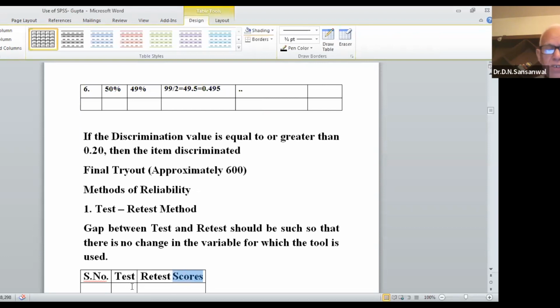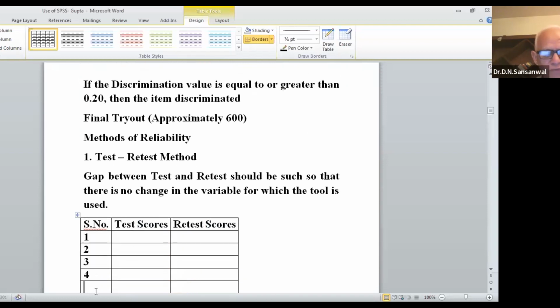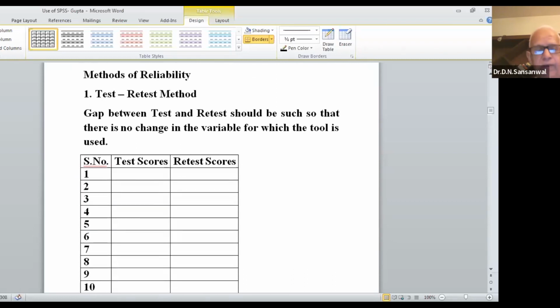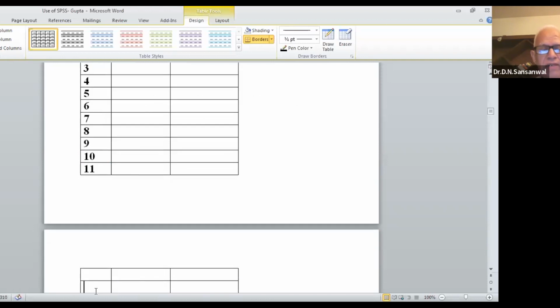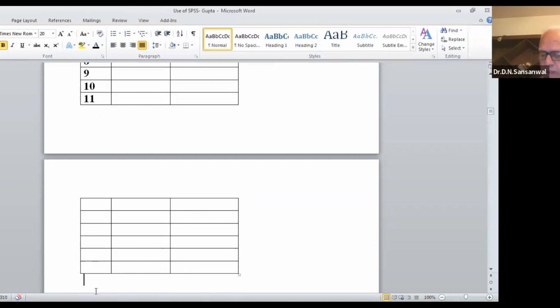Here is the student number 1, 2, 3, 4, 5, 6, 7, 8, 9, 10, 11, like this. You have taken 600, so you have to administer it on 600, taking from different institutes.